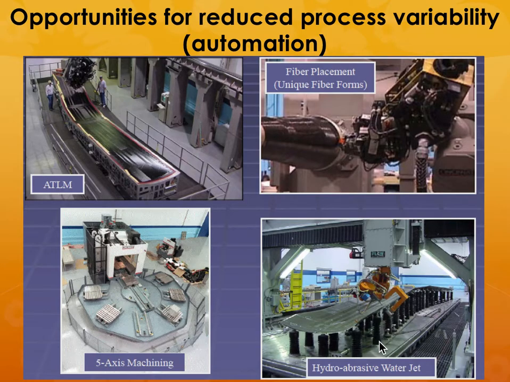So if you automate the process, then you can reduce the process variability. For example, if it is the fiber placement process, your materials are pretty standard and this process is also pretty standard. Or if you have 5-axis machining, or water jet cutting, drilling holes and things like that, those processes are pretty standard.